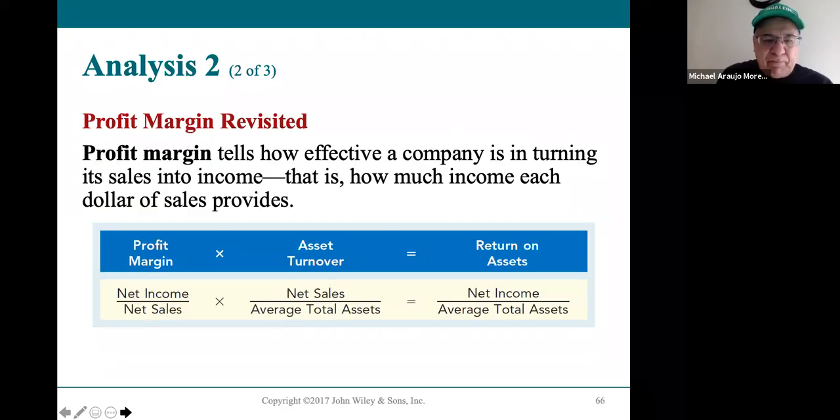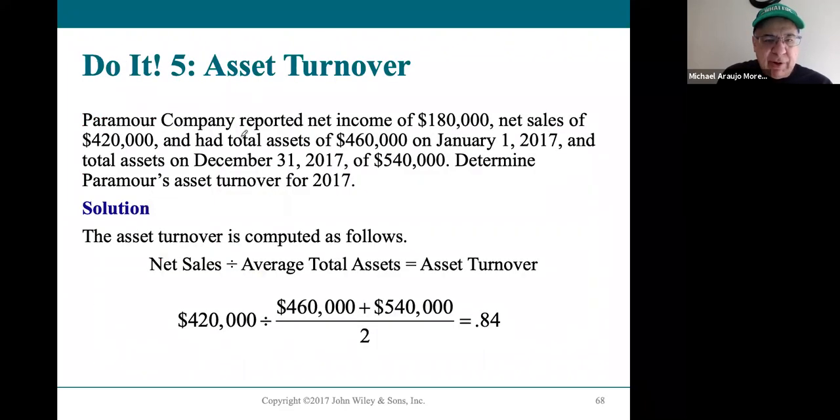Okay. We don't have to worry about profit margin. We've already looked at profit margin in an earlier chapter, but we do have to look at these in more detail here. The asset turnover, very important to know. So here we have Paramore Company, $180,000 of profit, net sales of 420.